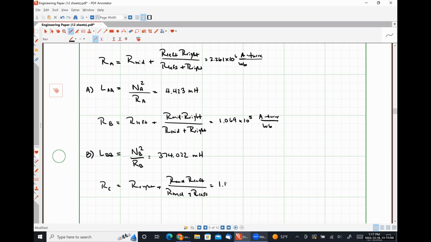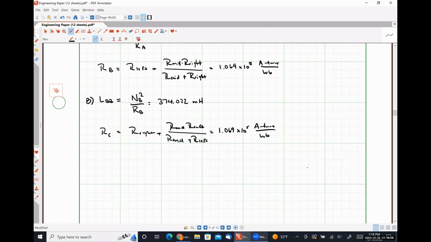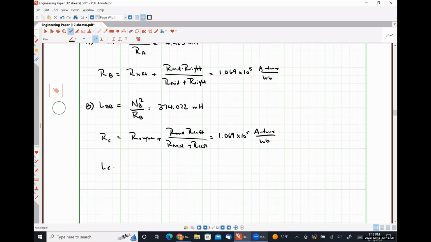And it looks like 1.069 times 10 to the 5 amp turns per Weber. And L C is going to be N C squared over R C. And that comes out to be 2.388 Henrys. Again, much larger than the others because there are many more turns. Okay, so this is the easy stuff.